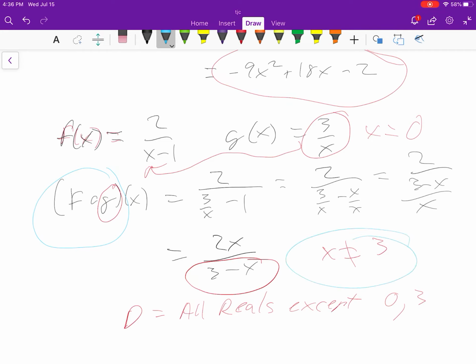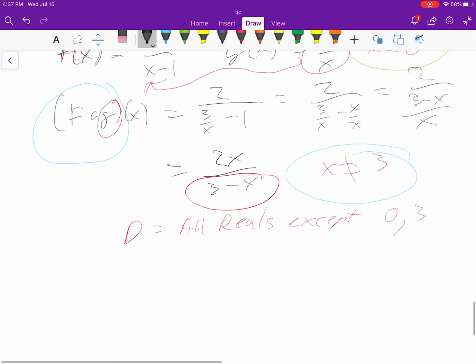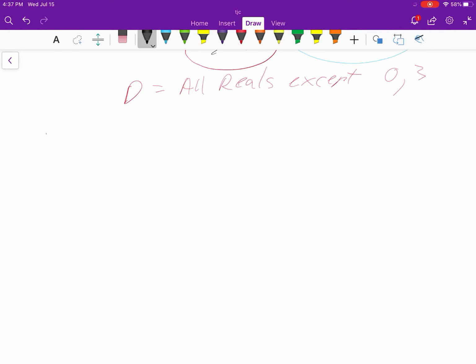Okay? So the overall function was restricted here. The g function was restricted here. So then we use this blue and green. We know that x cannot equal 1 in the original f, but we don't actually use f except to plug g in. So we don't worry about this guy here. Okay, I hope that explains the domain when looking at composition of functions.